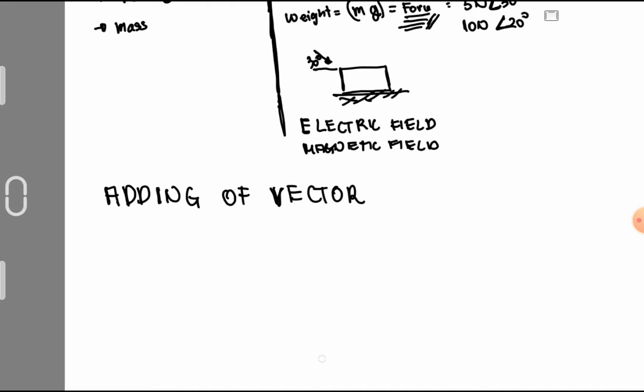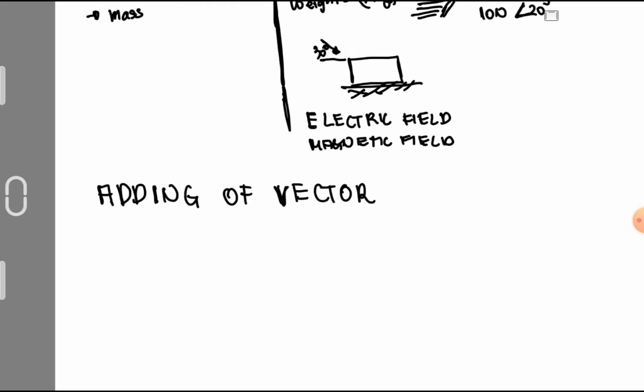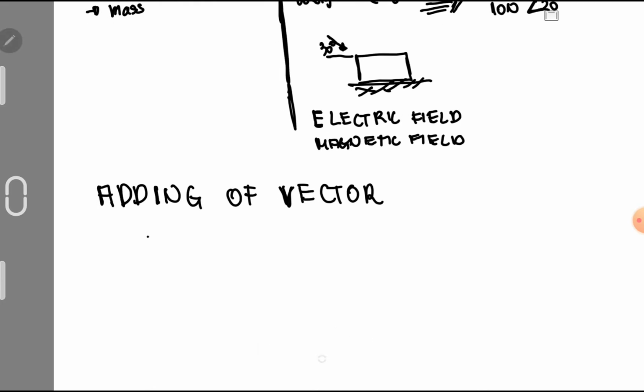So practically, when you are adding a vector, let's say you are adding x bar, take note that this arrow indicates that it is a vector quantity because the arrow indicates direction. Let's say x bar plus y bar is equal to r bar.